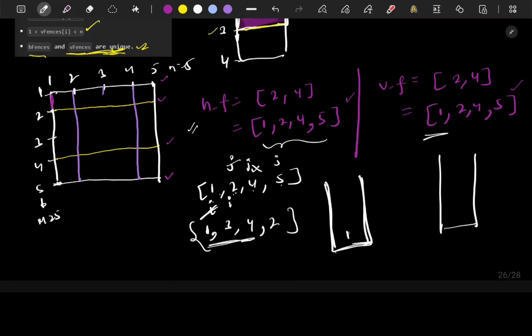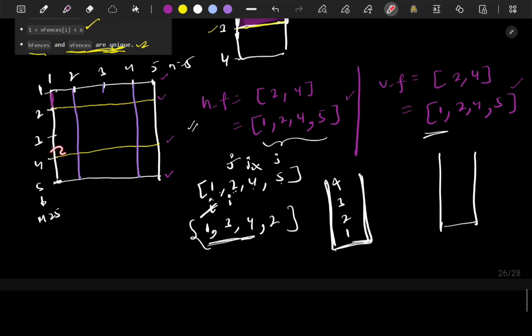Here we are having 1, 2, 3, 4. These lengths are possible. How? One length is possible between these two, 2 length between these two, 3 length between this and this, and 4 length is possible between these two.